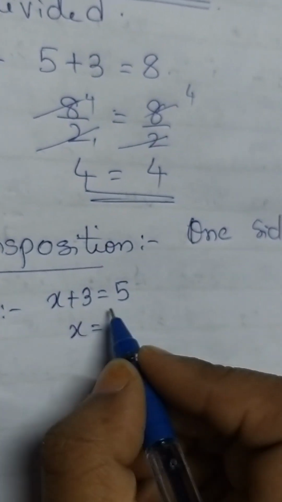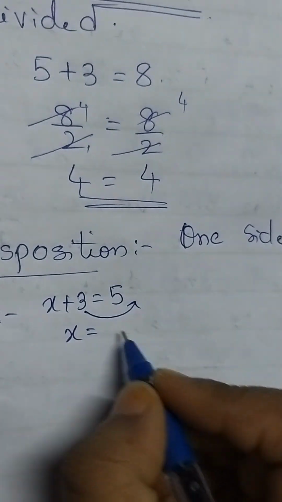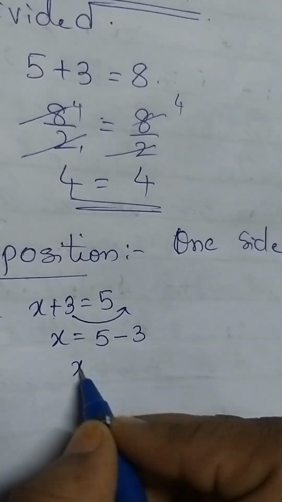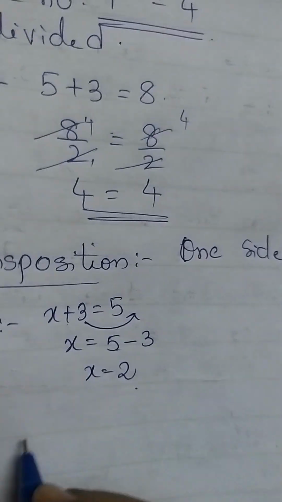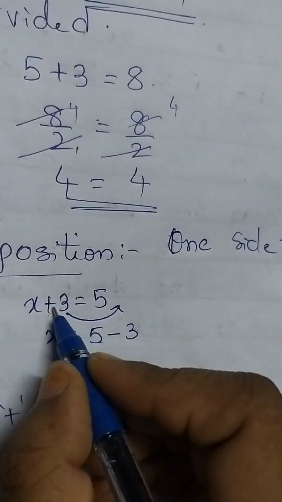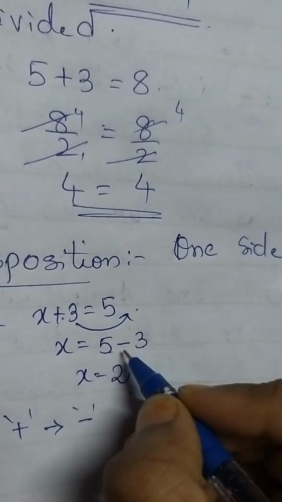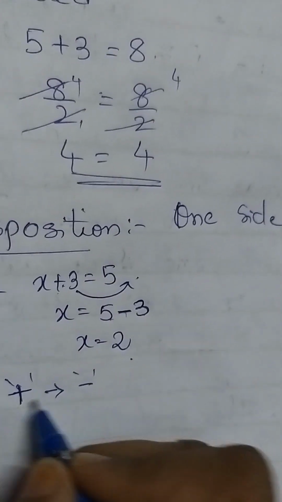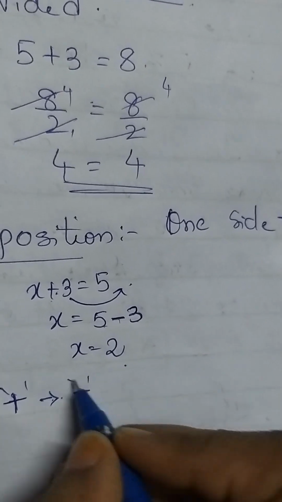X equal to what, children? This comes to this side. Plus 3 becomes minus 3. Means x equal to 5 minus 3, that is 2. So plus becomes minus, children. Here plus 3 comes to this side and becomes minus 3.